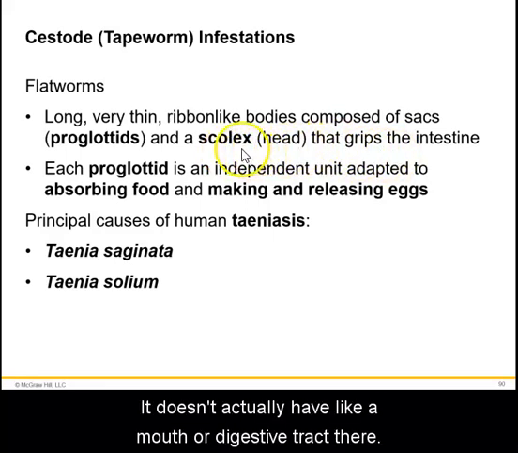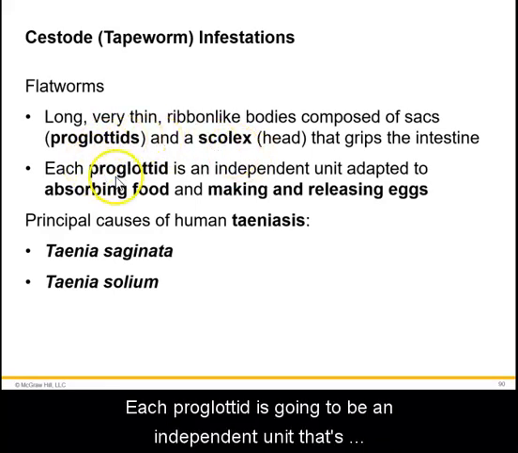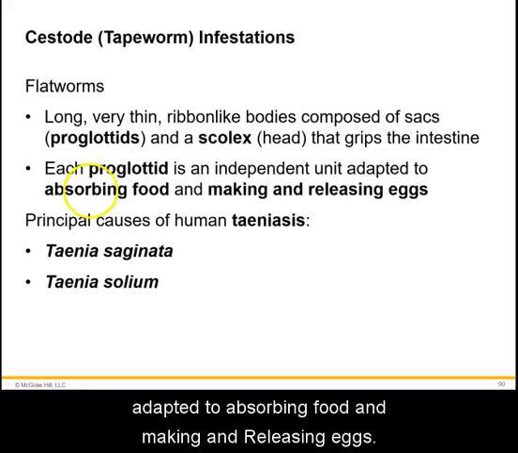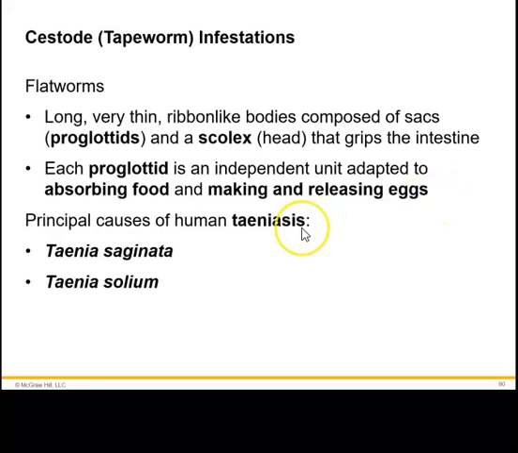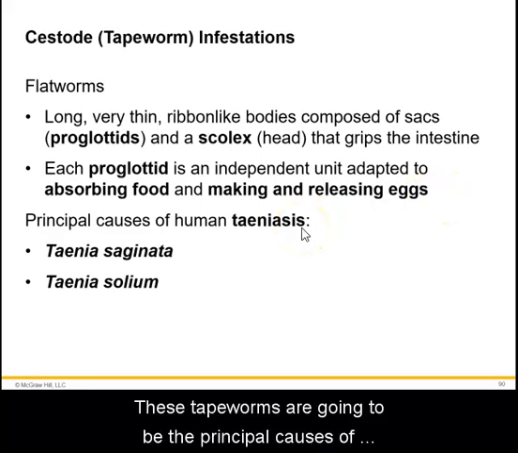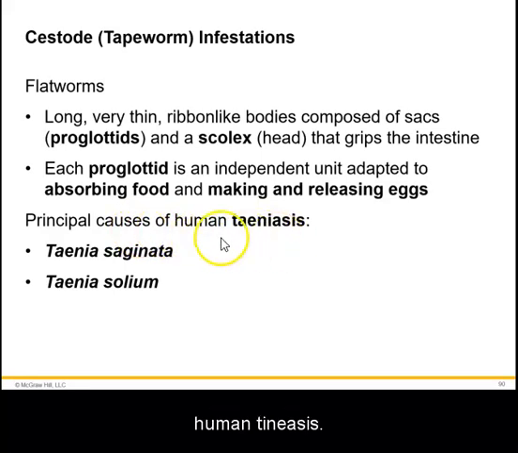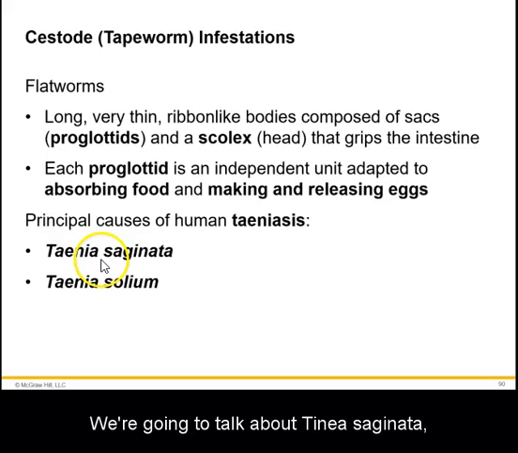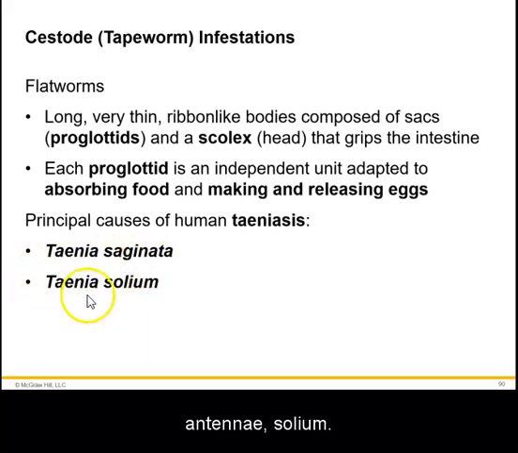It doesn't actually have a mouth or a digestive tract there. Each proglottid is going to be an independent unit that's adapted to absorbing food and making and releasing eggs. These tapeworms are going to be the principal causes of human taeniasis. We're going to talk about Taenia saginata and Taenia solium.